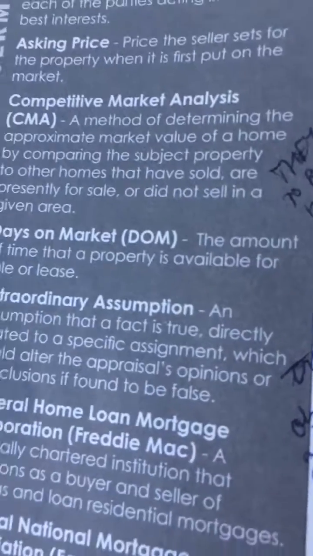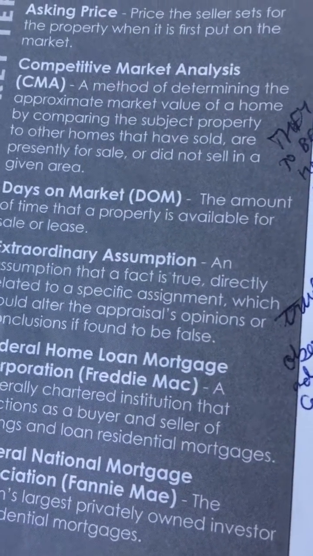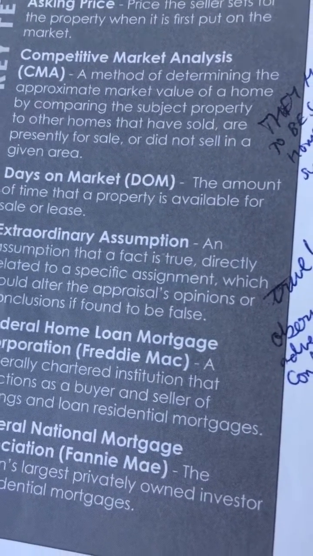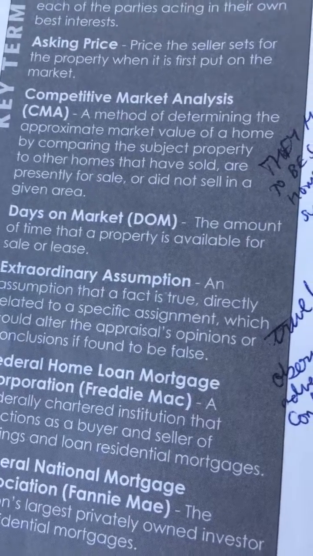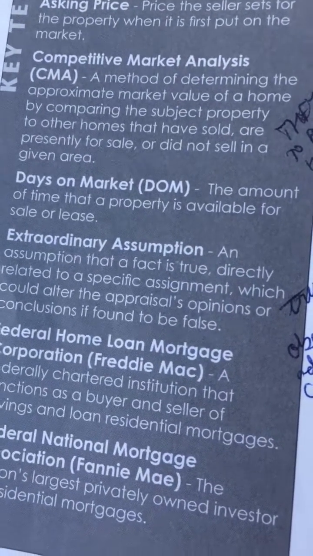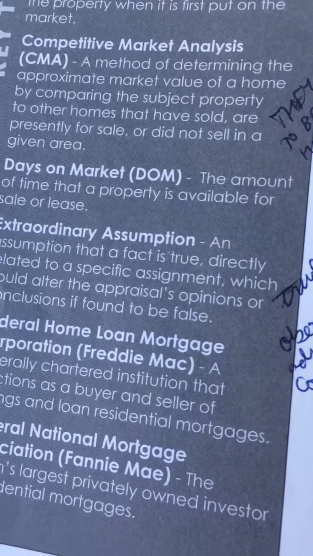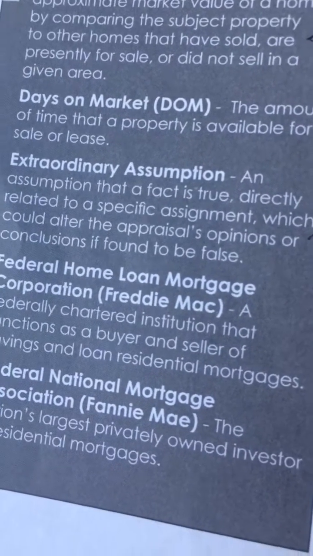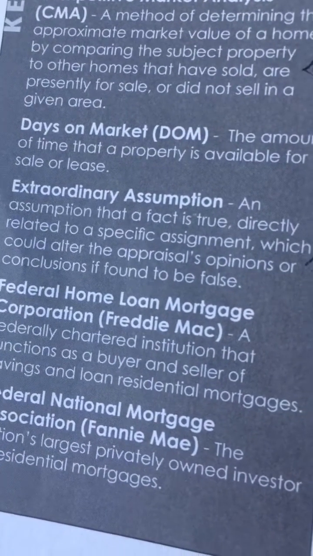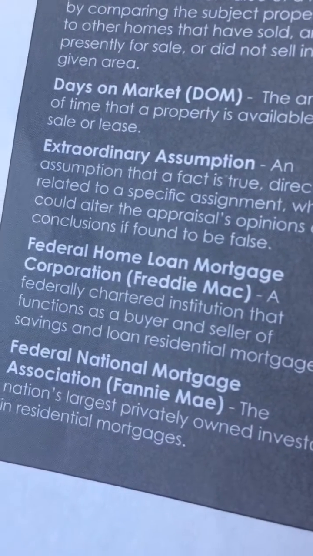Competitive market analysis, CMA, a method of determining the approximate market value of a home by comparing the subject property to other homes that have sold, are presently for sale, or did not sell in a given area. Days on market, DOM, the amount of time that a property is available for sale or lease.